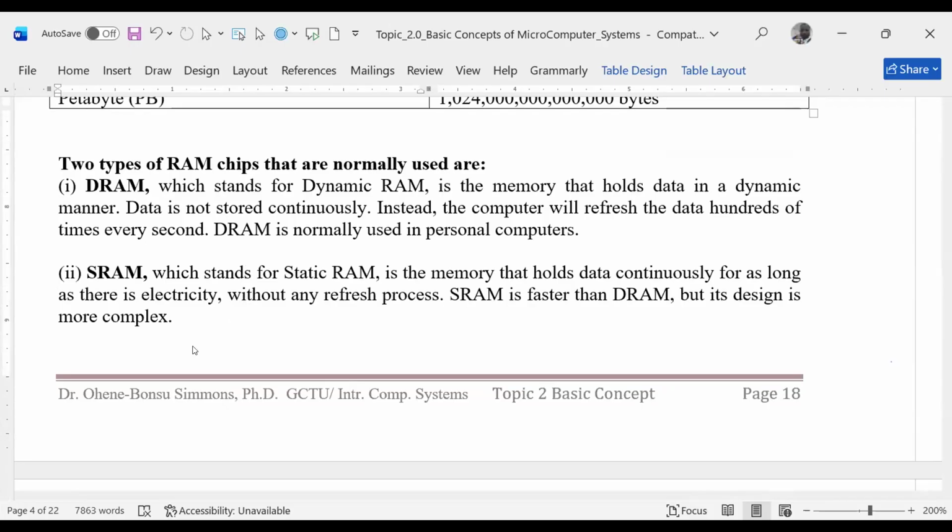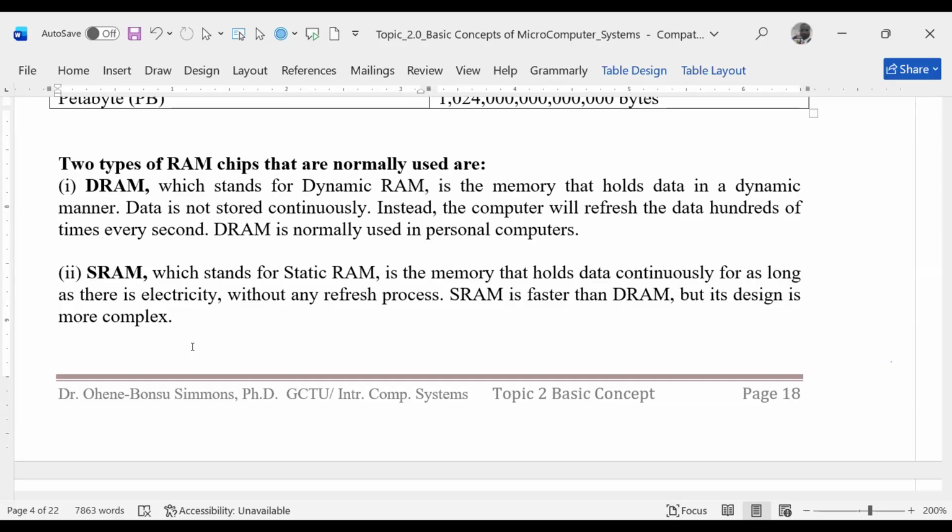The dynamic, which stands for dynamic random access memory, short for DRAM, holds your work in a dynamic way. Everything you put in the system is not stored permanently. Instead, the computer refreshes itself 100 times every second. So the dynamic is the part of memory that refreshes the system for new input.